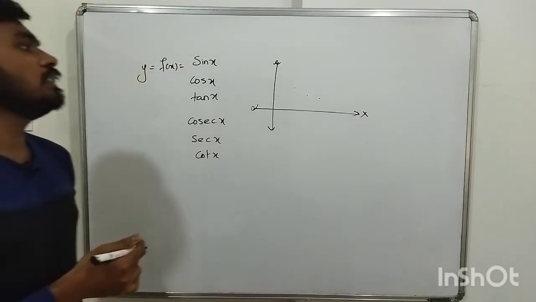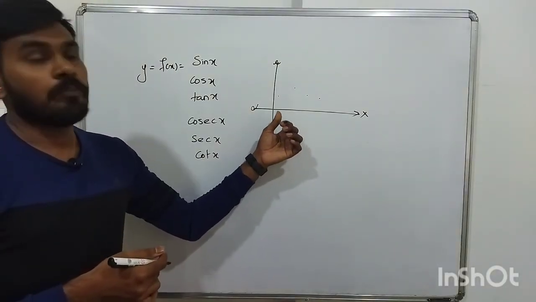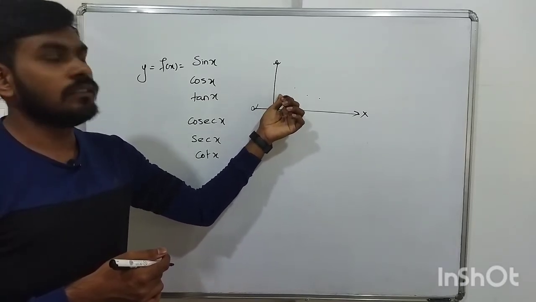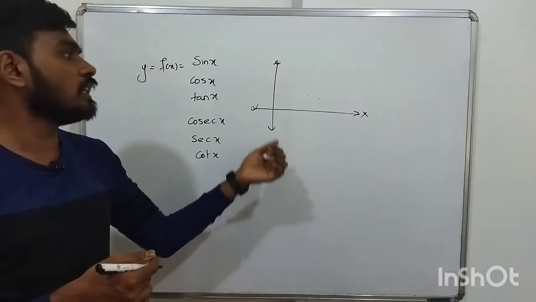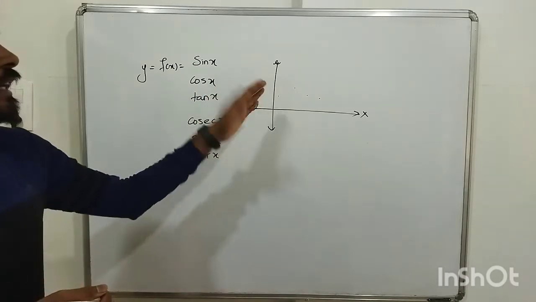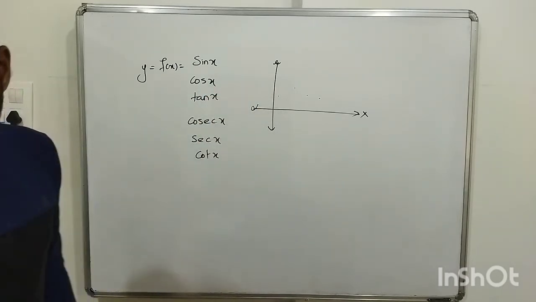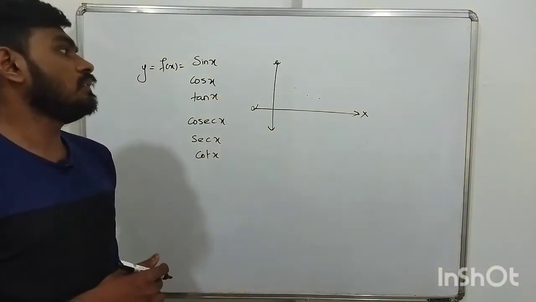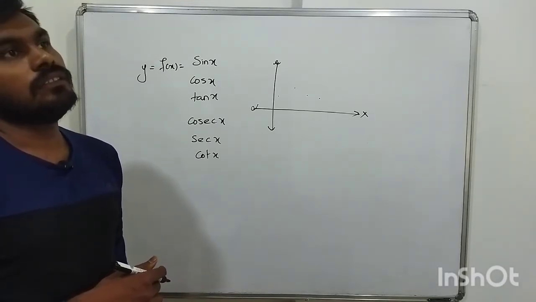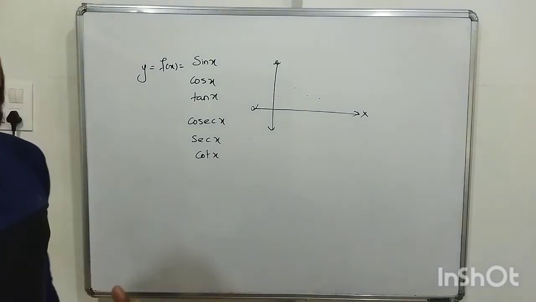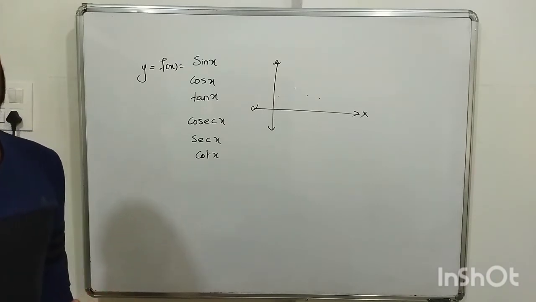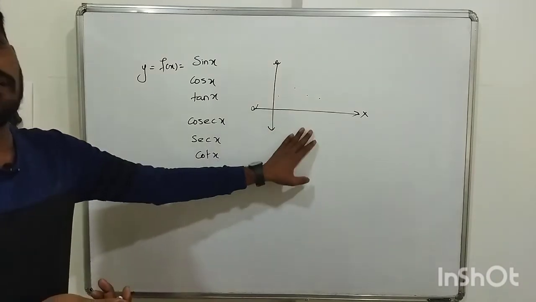The value of sine of pi by 3 is root 3 by 2, so it will come somewhere here. The value of sine of pi by 6 is half, so it will come somewhere here. You will even get negative values, like the value at 5 pi by 3, so 5 into 60 degree, so 300 degree.